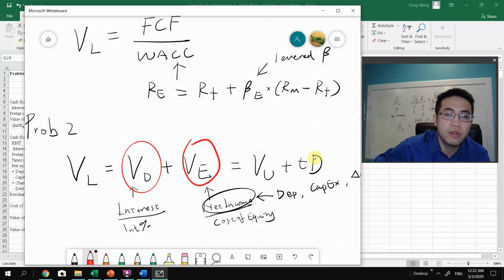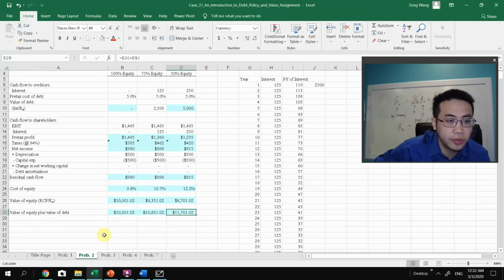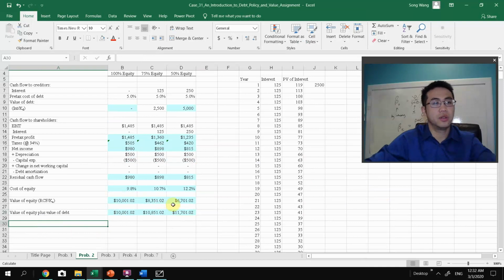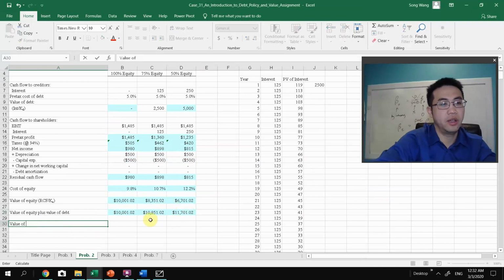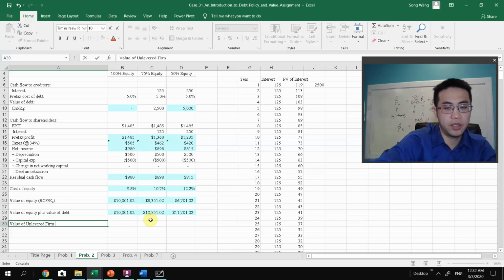And in terms of how I get to this, TD, tax rate times the debt level, that's pretty simple. So I can use the value of the unlevered firm plus the tax shield of debt.